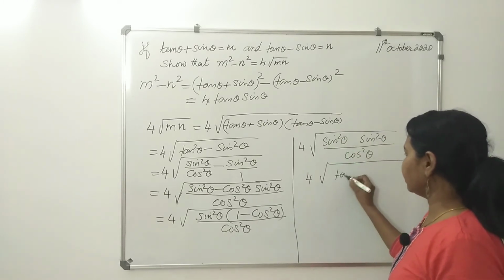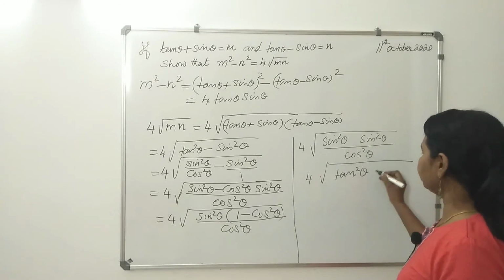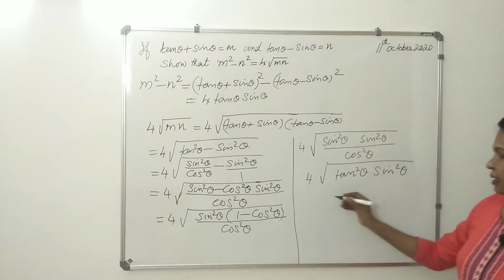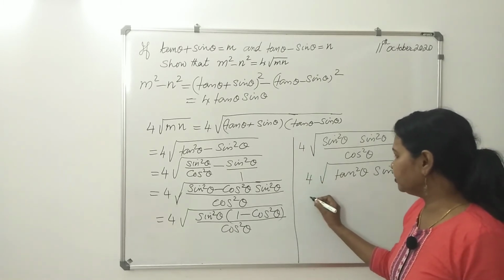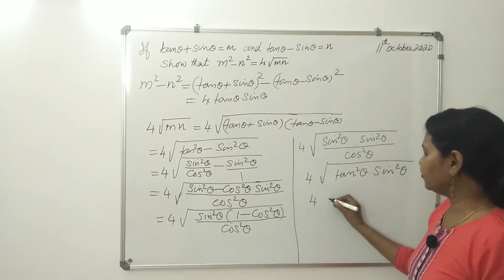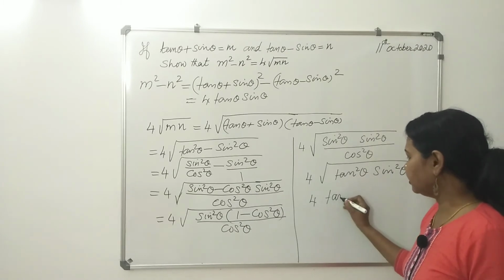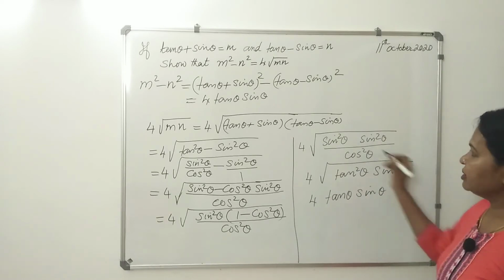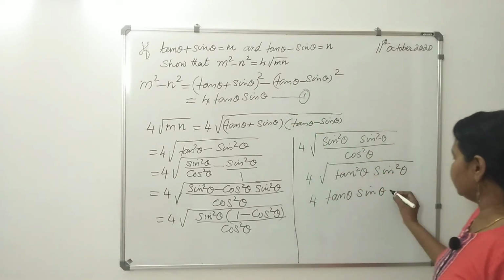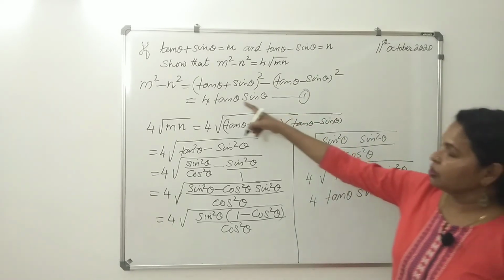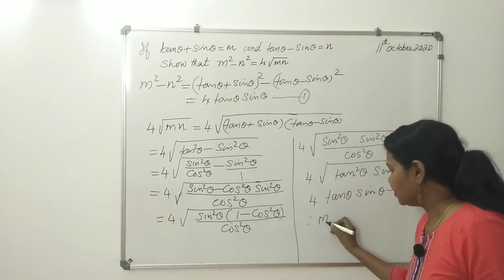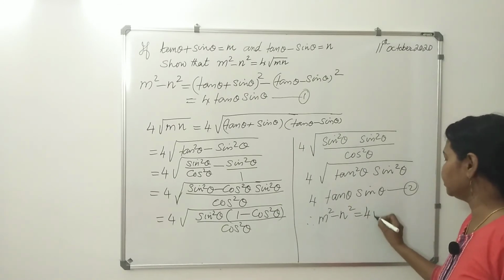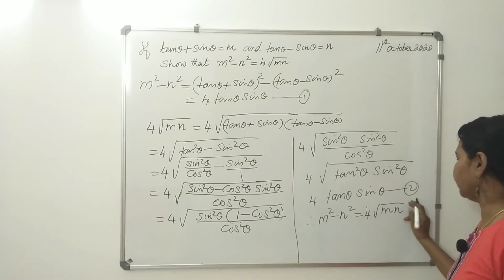That is tan square theta into sin square theta. Okay, then that is equal to 4 into square root of tan square theta is tan theta, square root of sin square theta is sin theta. See, this is equation number 1 and this one is equation number 2. So we can write, therefore m square minus n square equal to 4 into square root of m n.